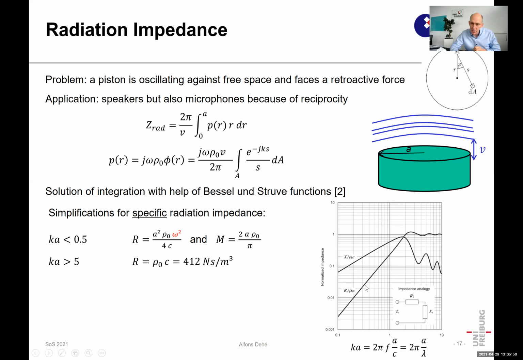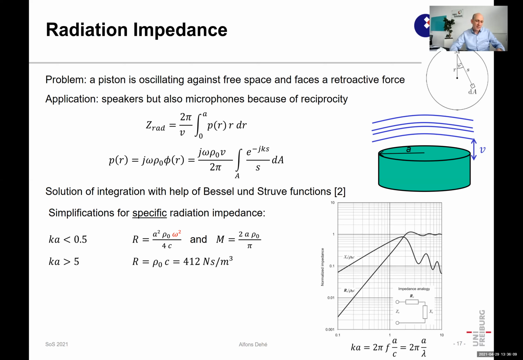So this is this formula. We see a very steep increase of this radiation impedance over the frequency. So if you're gonna model this and you have something which is radiating into space, you need at least to have a formulation which is frequency dependent.